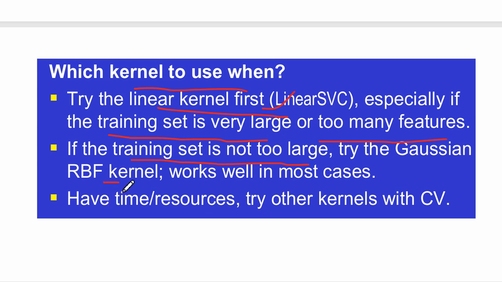Or you can use hyperparameter tuning techniques like GridSearchCV or RandomizedSearchCV, with different combinations of kernels: linear, polynomial, RBF or sigmoid. From GridSearchCV we find which kernel is better with the help of cross validation.